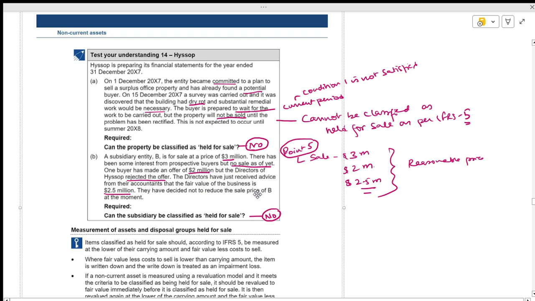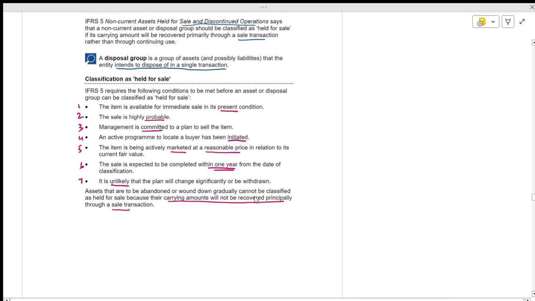Are you clear about this? See, that is the reason I have made this point. What are the rules and regulations? What are the conditions that have to be identified whenever an asset is held for sale? These 7 points. Okay, I am putting a star mark on this.